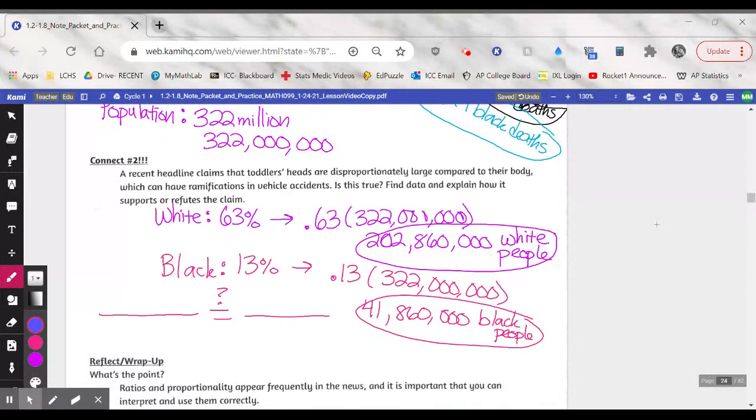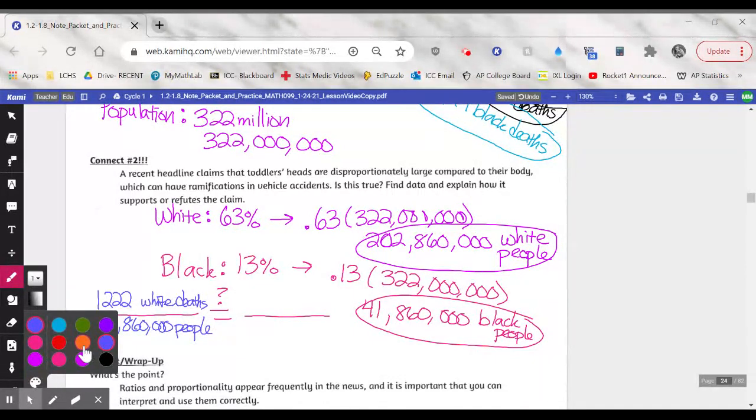So I'm going to take 1,222 white deaths for the overall white population. And I'm going to do the same thing for the Black population.